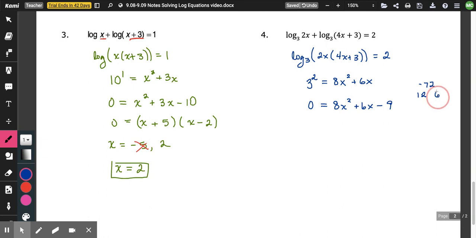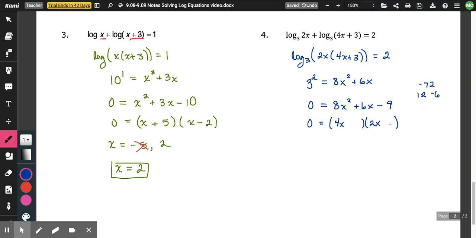And that would be a 12 and a negative 6. So I know it's factorable. I'll go ahead and set up my parentheses. In order to get an 8, I could use 1 times 8 or 2 times 4. If I do 1 times 8, I'm not going to be able to get the outside and inside products that I need. So I'm going to use 2 and 4. So 4x and 2x.